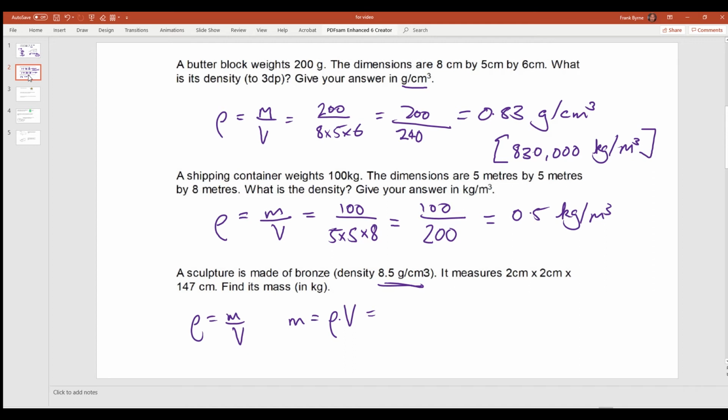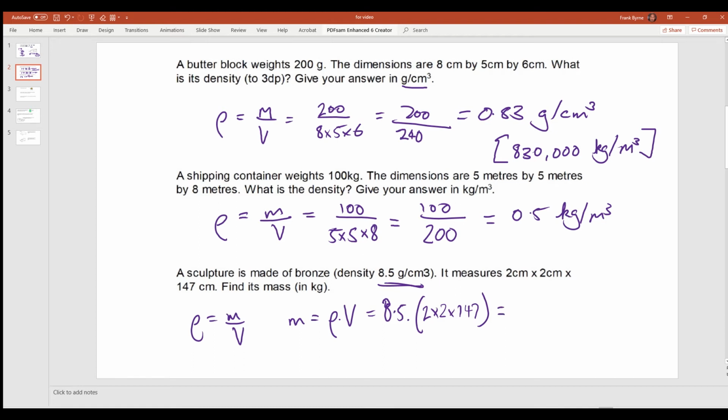Now, its density is in grams per centimeter cubed. It's given us the density in grams, so we'll calculate the volume in centimeters cubed. So it's 8.5, and the volume is 2 by 2 by 147. So what does that come out as?